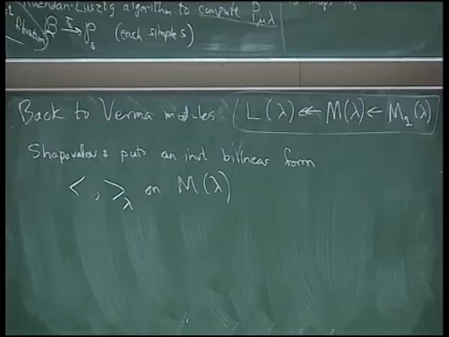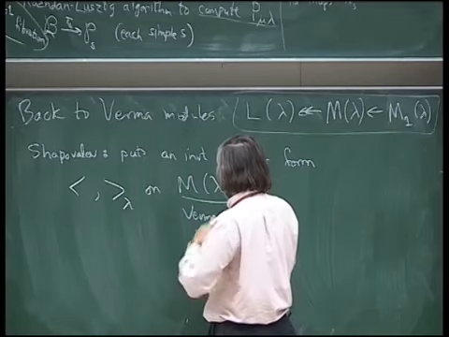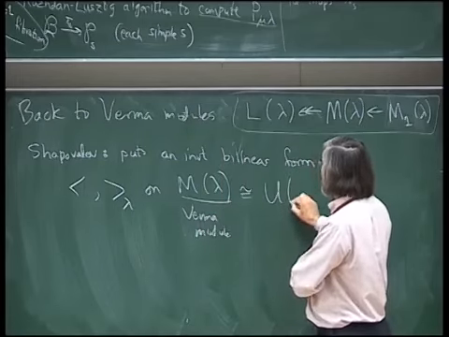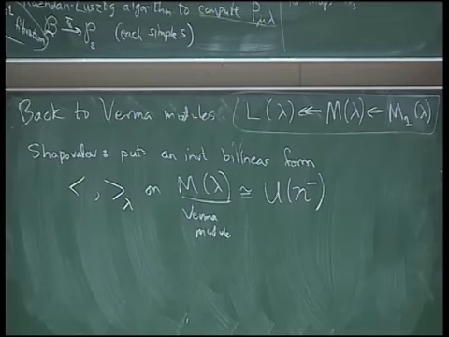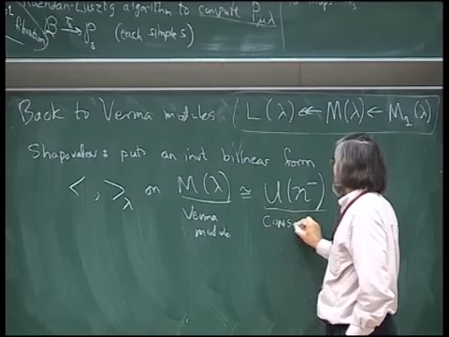Now, M of lambda, this Verma module, you can think of as the enveloping algebra of some opposite n minus. So this is on some constant vector space.